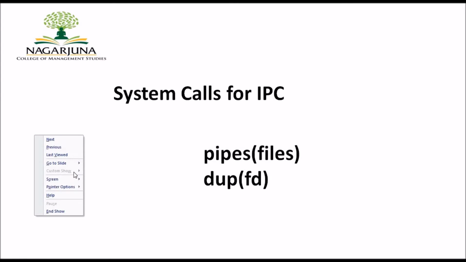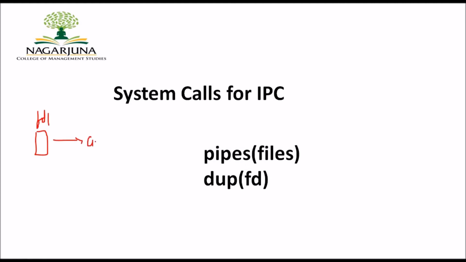It's something like this: let me assume this is file descriptor 1, which holds information about a file ABC. Now using DUP, a new file descriptor is created, and let me call it file descriptor 2. Though it is a new file descriptor, it still points towards the same file, that is ABC. That is why we use DUP.